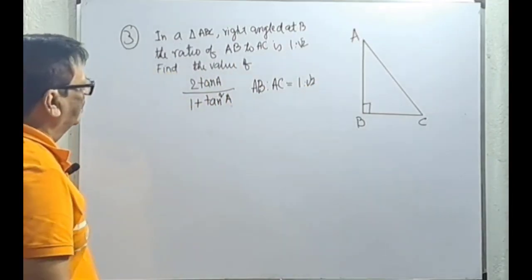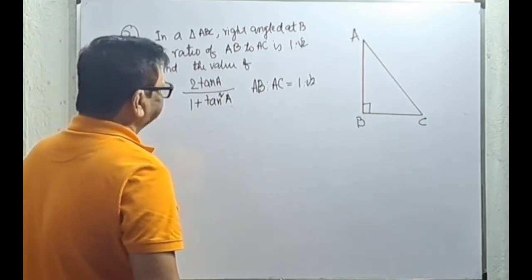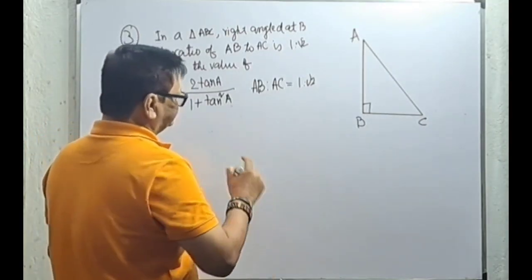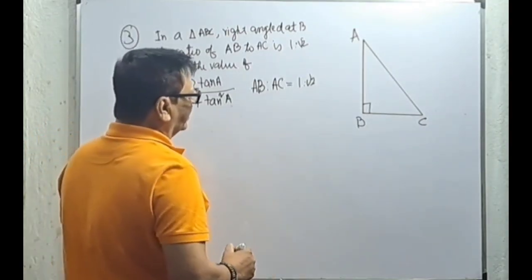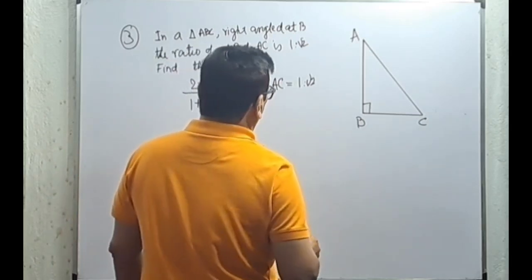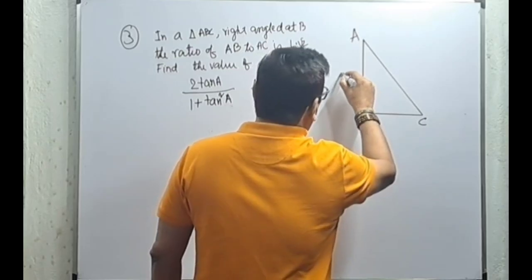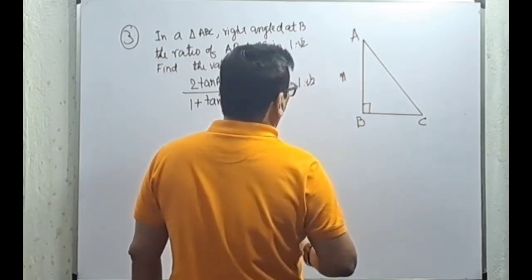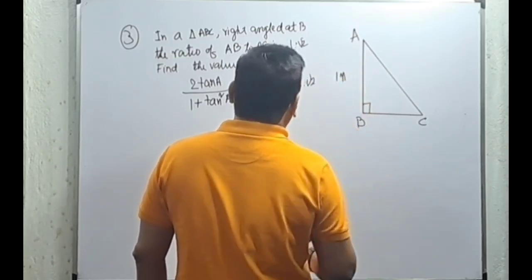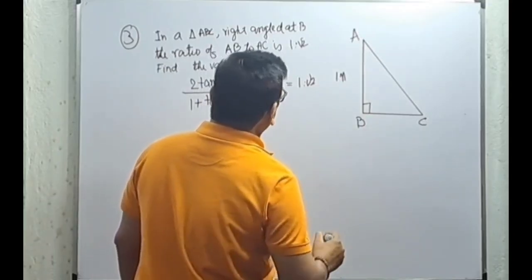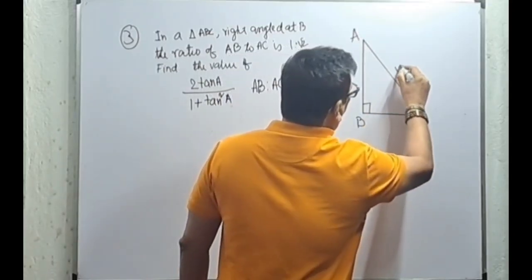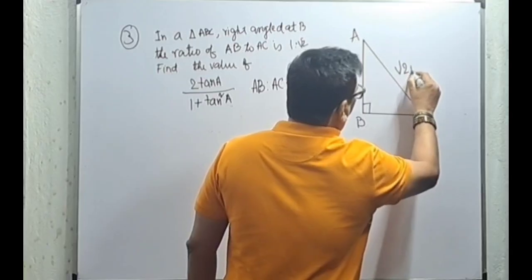Okay, fine. So what we can do is we can mark out the sides. So AB will be N, that means 1N, and AC is √2N.